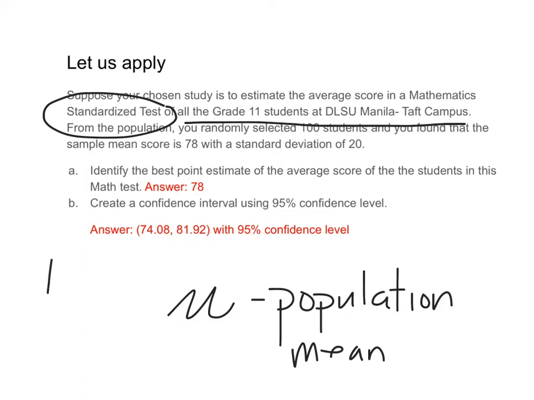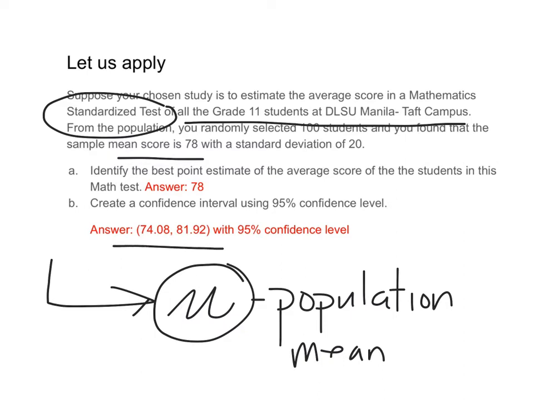If we get the average, the value that we obtain is the population mean. But of course, due to some constraints, we cannot ask every grade 11 student of the school, so we resorted to just getting a sample of 100 from them. That's why we have this sample mean score of 78.